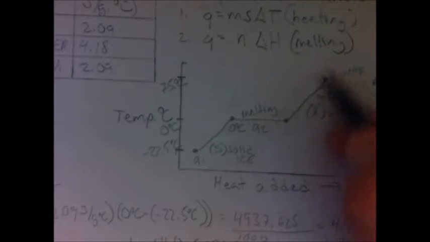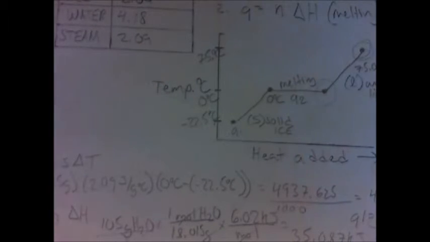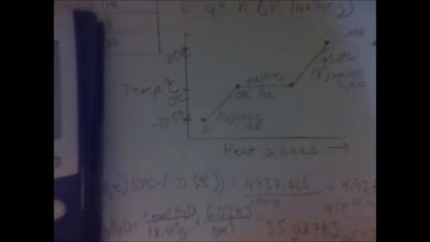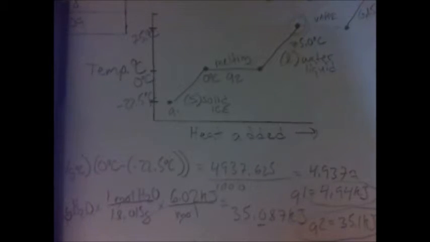So we'll do the equation on a calculator, and we'll get 105 times 4.18 times 75 minus 0, and we'll have that equal 32917.5 joules, but we need that in kilojoules, so we'll divide that by 1,000.